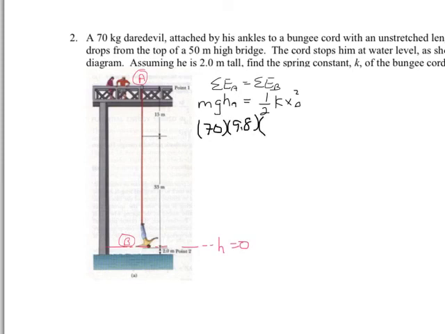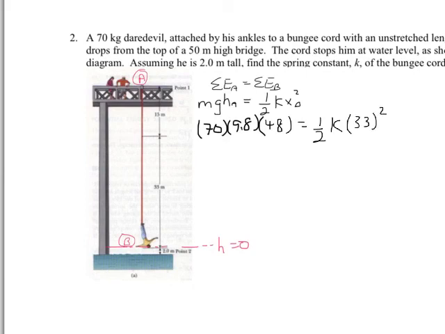Let's do a quick 48 meters. All of that's got to be equal to 1/2 times k, which we're supposed to find, times x. Now, in this case, x is the amount that the bungee cord has been stretched by, and it's been 33 meters. And don't forget that's got to be squared.